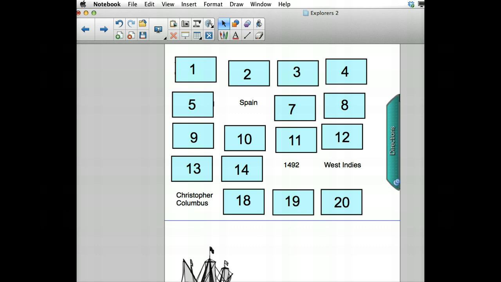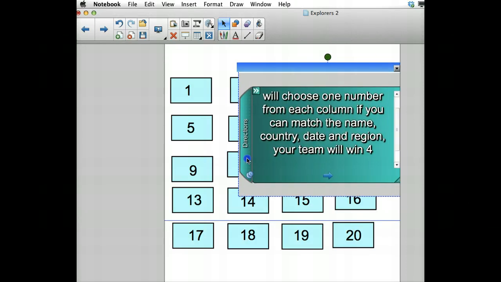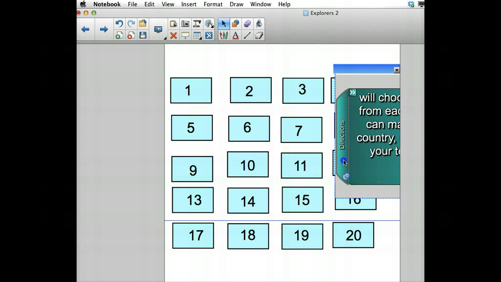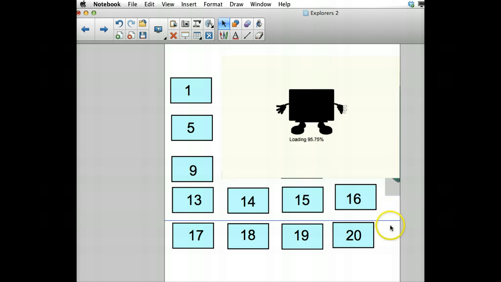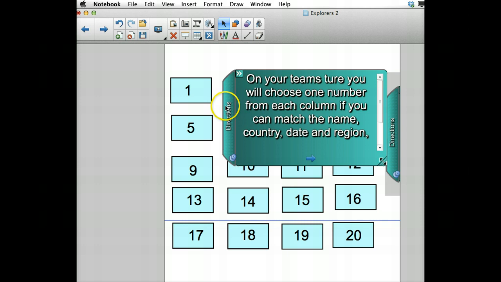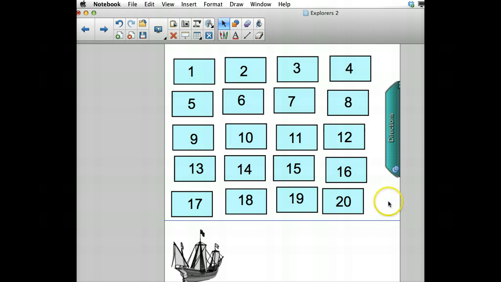The teams will play 3 rounds of concentration. Each slide has the directions, again, to review in case a review is needed. And they have a ship to put the boxes once a match is made.